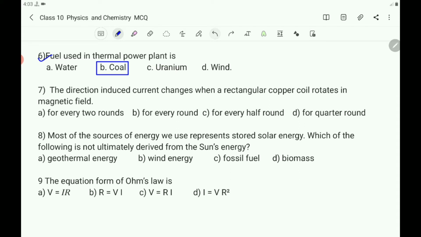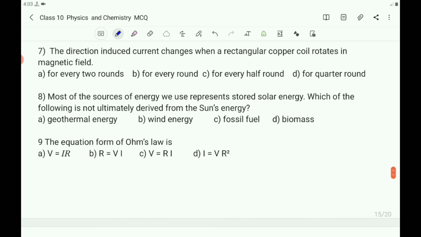So here the question is the fuel used in a thermal power plant. Which is the answer? B, coal is the answer. Coal is used in the thermal power plant to produce steam, and that steam is used to run the turbine.